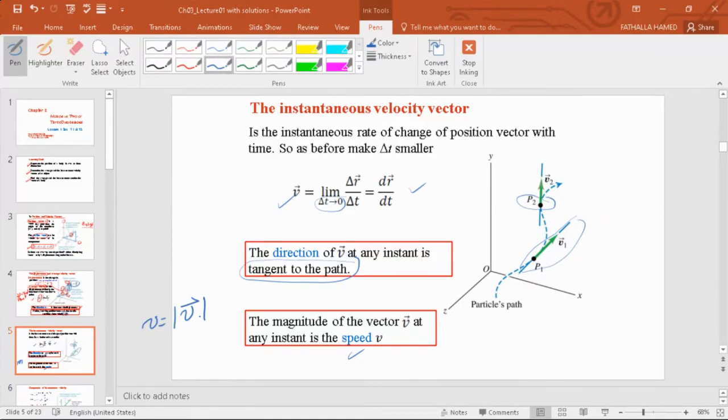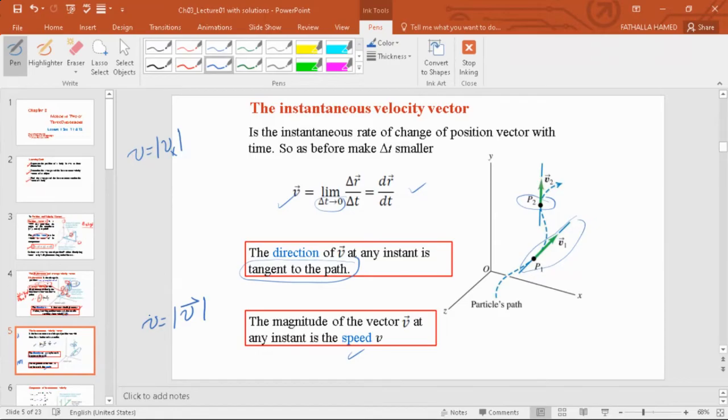Remember what we did in the previous chapter. I told you that v should equal the absolute value of vx, because at that time we were only dealing with velocity along the x-axis. But here we're looking at a velocity vector. So v here as a symbol, I don't write an arrow on top of it to indicate it is a vector because I'm dealing only with the magnitude. I don't write any subscript to indicate it is a component.